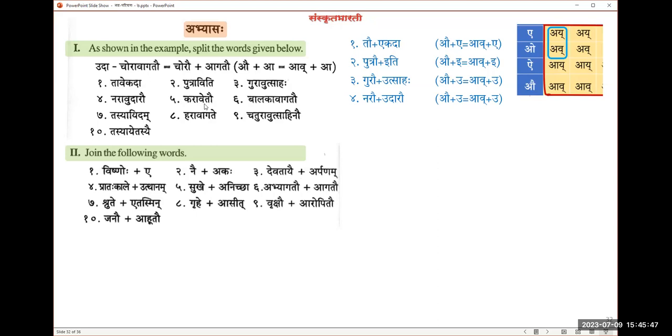See Karav. So Av is there. So Av reverses to Au plus A. Well done. So what it will be? Karau plus Etau. Perfect. So Au plus A, Au plus A. So we are going this way. Au A, Karau Etau. Okay. Well done. Thanks, Bhagini. One more. Third one for you.